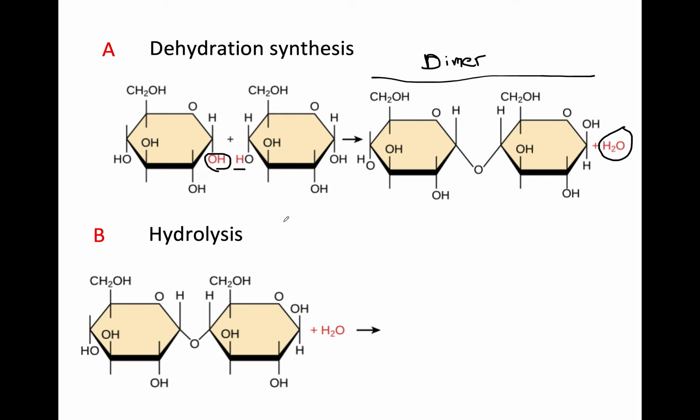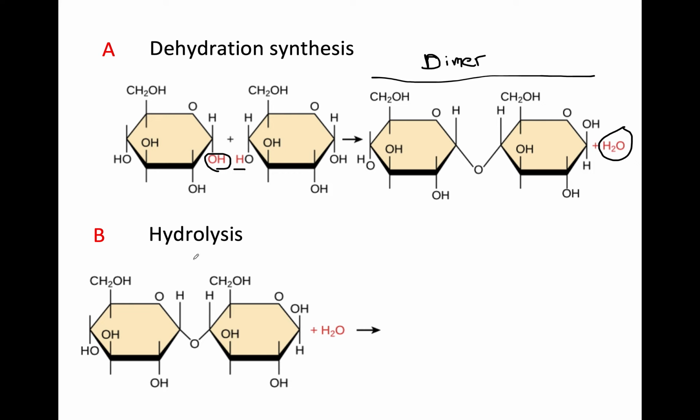Now let's take a look at how we break that starch in our bodies. We have that starch molecule, or even you can have sugar, which is a dimer of two different monomers. So we have this dimer. Let's say we take this and we eat it in this form.